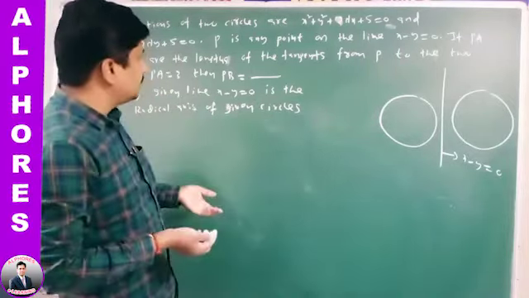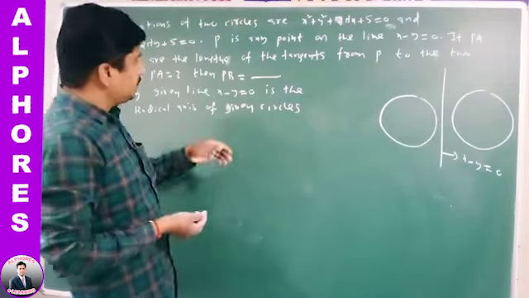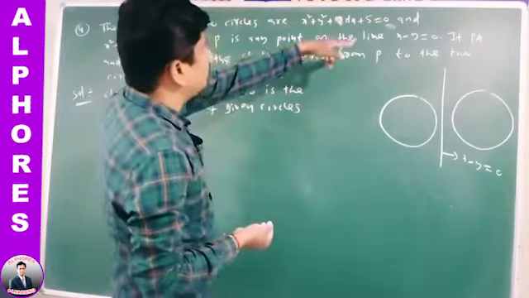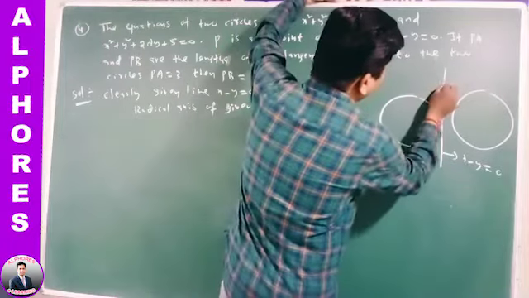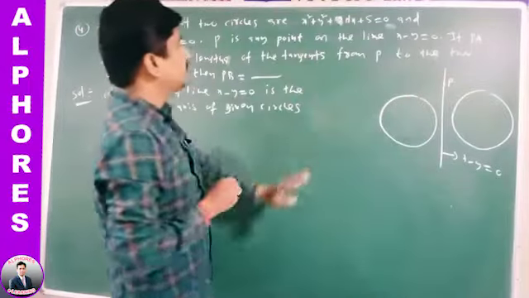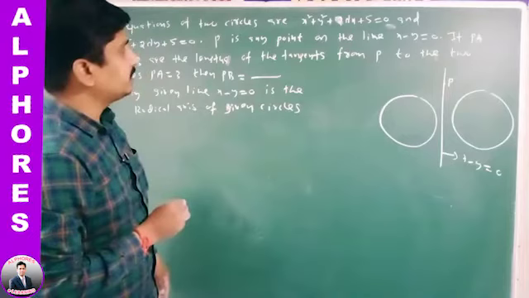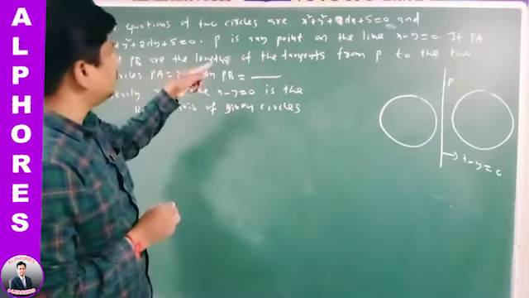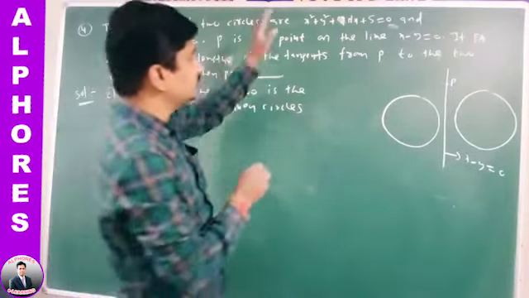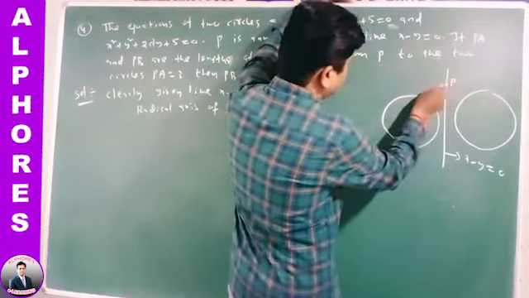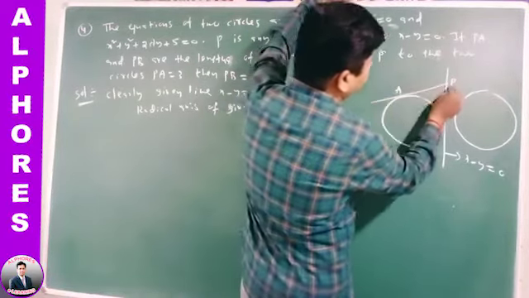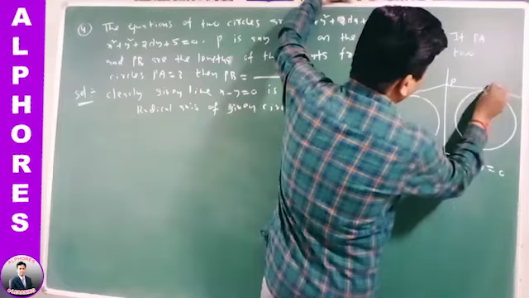We know that, and also given, P is any point on the line x minus y equal to 0. PA and PB are the lengths of the tangents from P to the two circles. It is PA, it is PB.